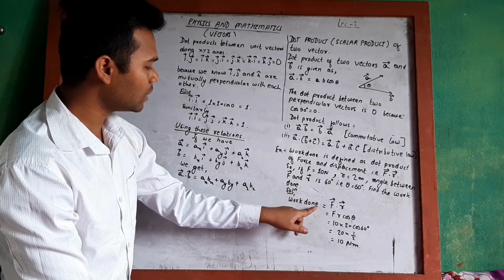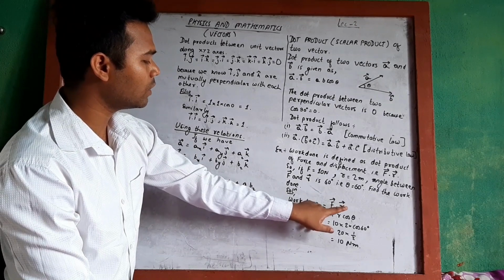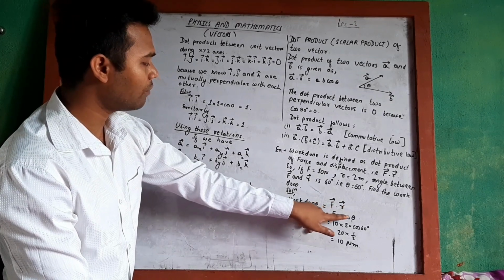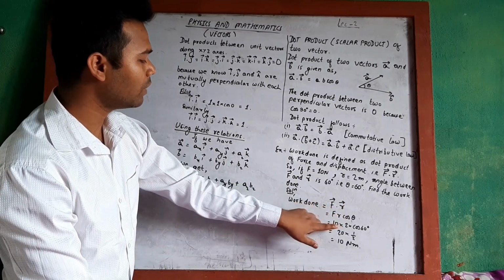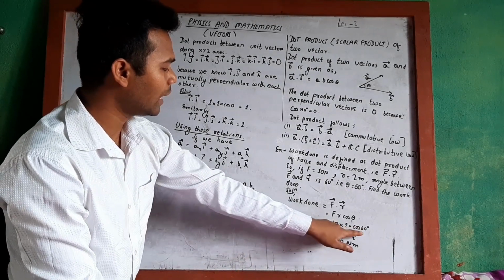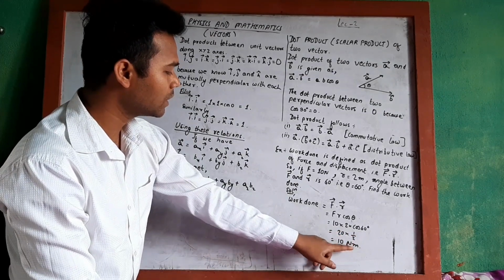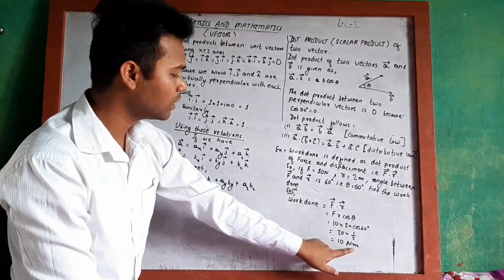By the definition, work done is equal to F vector dot R vector, which is Fr cos theta, which is 10 into 2 into cos 60 degrees. 10 into 2 is equal to 20, and cos 60 degrees is equal to 1 by 2. This gives the result 10 newton meter.